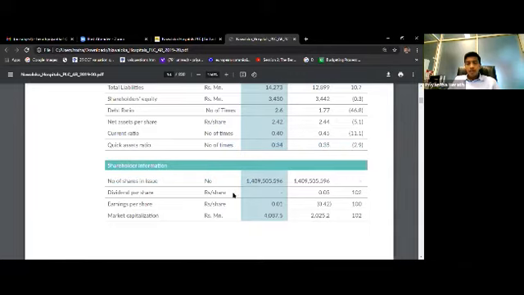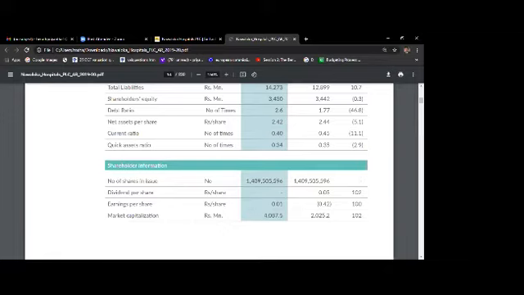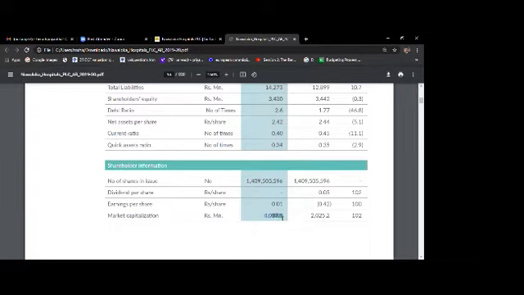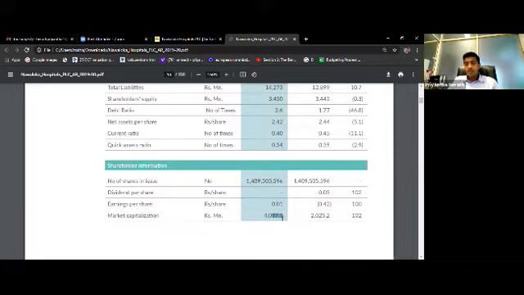If you divide market capitalization by number of shares, you can get the share price. If you multiply the 1,409 by the market share price, you get 4 billion. This is the market value of equity.